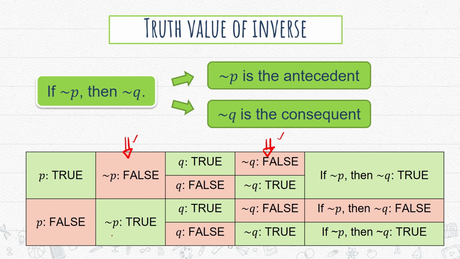Now if the negation of P is true, then we take a look at the negation of Q. If it is false, then the whole inverse will be false because the consequent, the negation of Q, is false. And if the negation of Q is true, then this will be true. This is rule number 1. Above here is rule number 2.